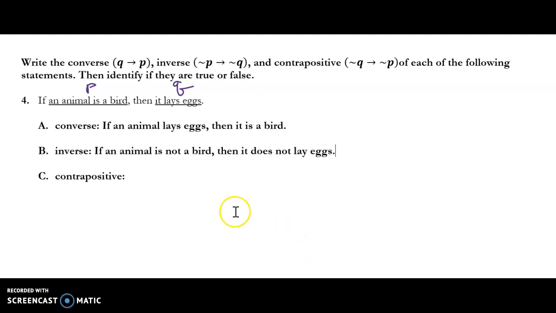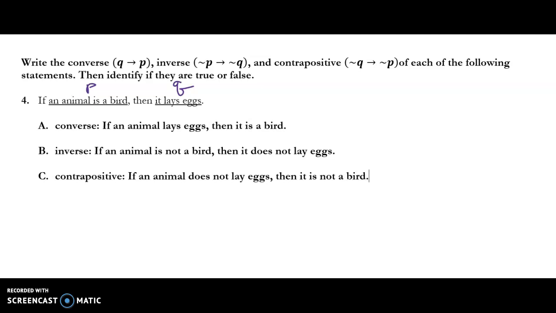Okay. I negated P and negated Q and kept the order. For contrapositive, I'm going to negate the second statement. So if an animal does not lay eggs, then it is not a bird.